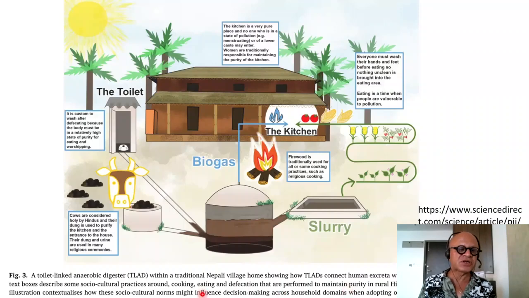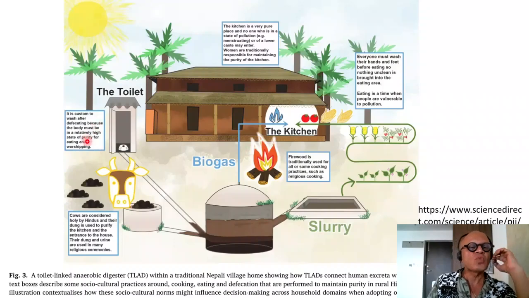The illustration contextualizes how these socio-cultural norms might influence decision making across household domains when adopting or using a TLAD. Okay, so let's see, here is the toilet and the cow dung that's feeding into the digester, producing biogas and slurry, as we already saw.